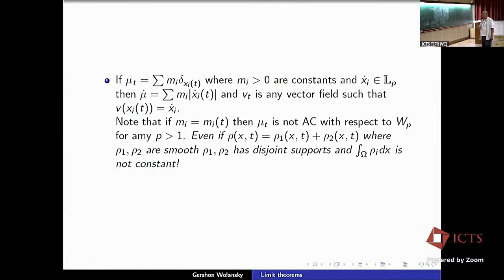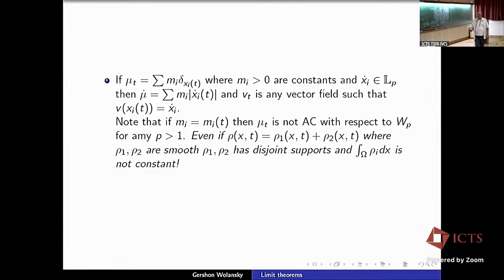P equal 1 is the limit case where such orbits can have a derivative, because P equal 1 actually allows infinite speed in the limit.